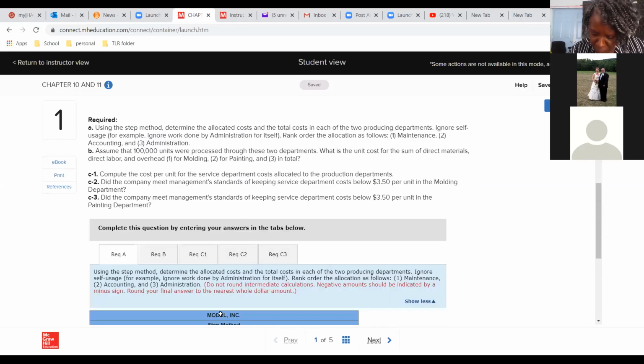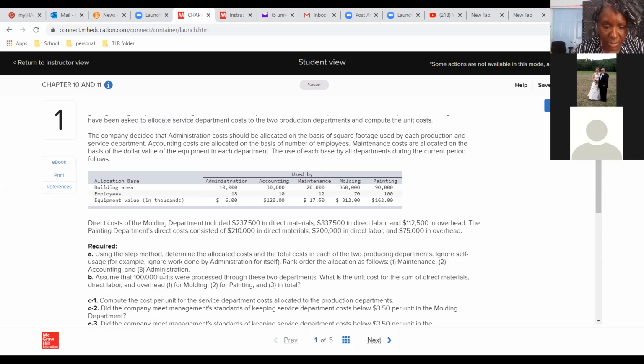Hold on a second. If I take and add all of my costs together, which is $120 plus, I believe that's it, right?